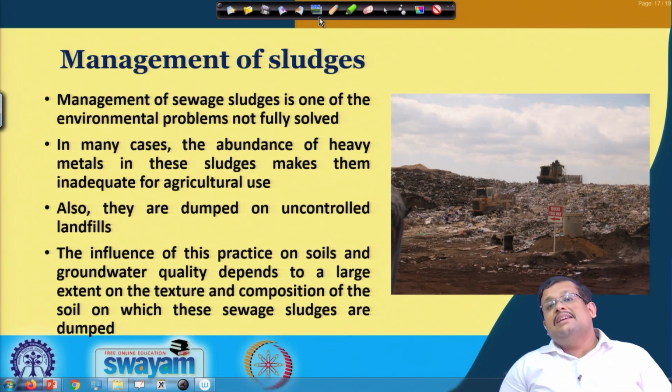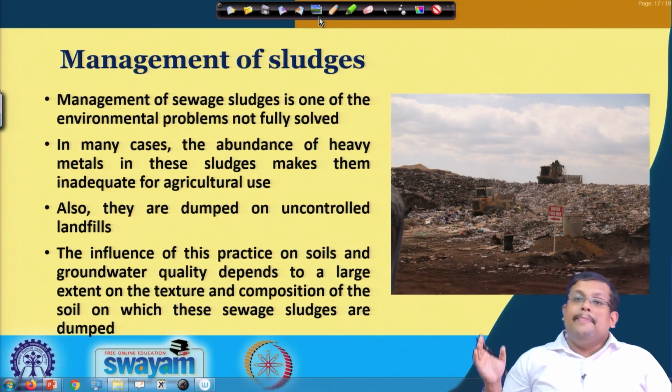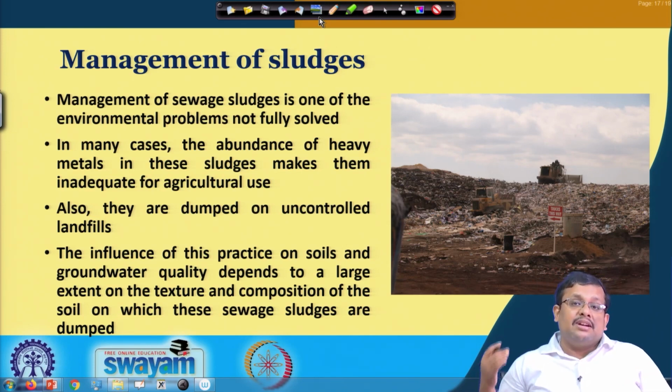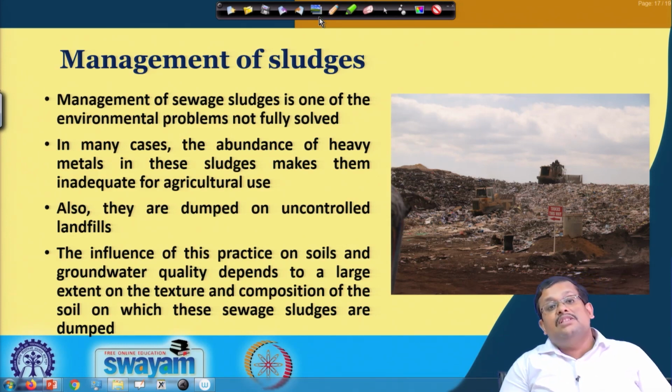The landfills are the regions where you can see the municipal solid wastes are basically dumped. In these uncontrolled dump sites or landfills, you can see a huge amount of these municipal sludges being dumped. So, the influence of this practice on the soils and groundwater quality depends to a large extent on the texture and composition of the soil on which these sewage sludges are dumped.